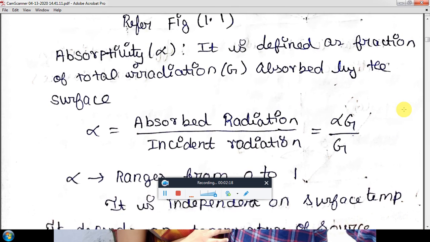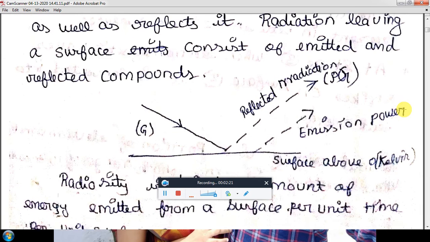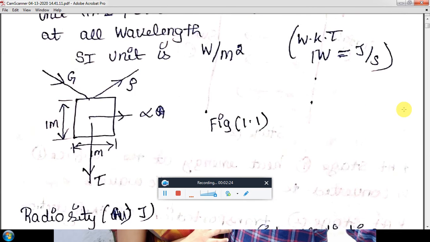For more understanding of absorptivity, we will refer to this diagram. This is called irradiation. We have taken a unit surface area, refer to figure 1.1, with an area equal to 1 meter square, and some amount of thermal radiation G is incident on the surface. When it falls on the surface, the surface will absorb a part of the radiation, and that is called alpha, the absorptivity.